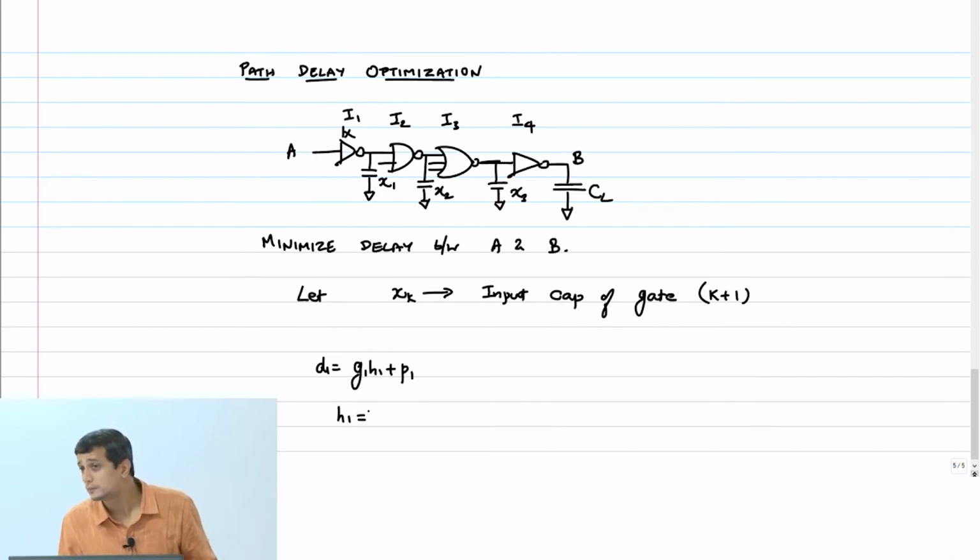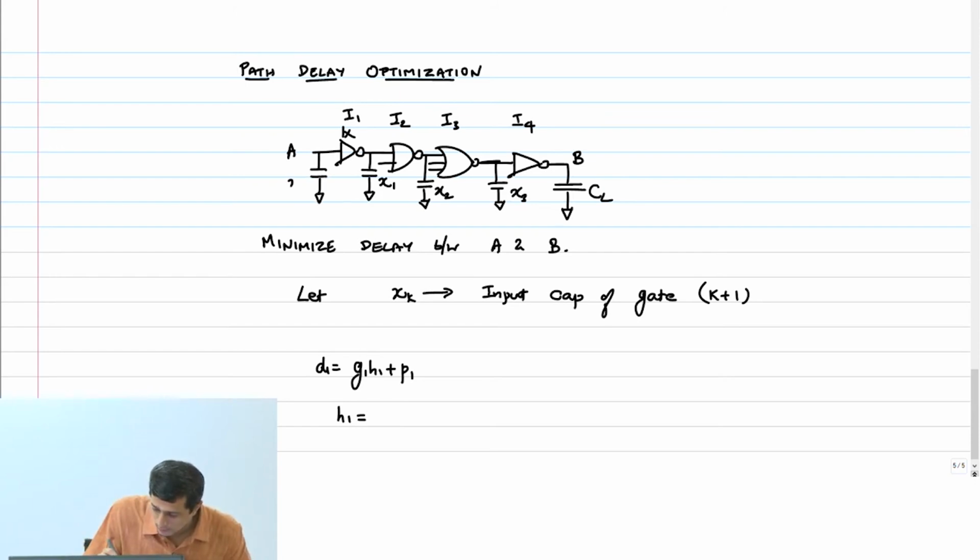Yeah, so let's assume this is X naught. The input capacitance of the first gate is X naught. So H1 is X1 by X naught. What about Hk therefore?